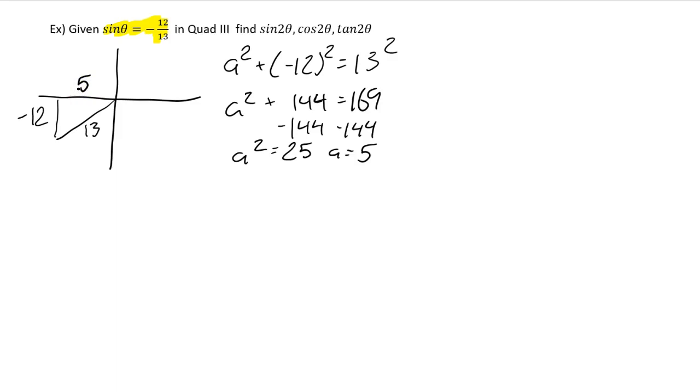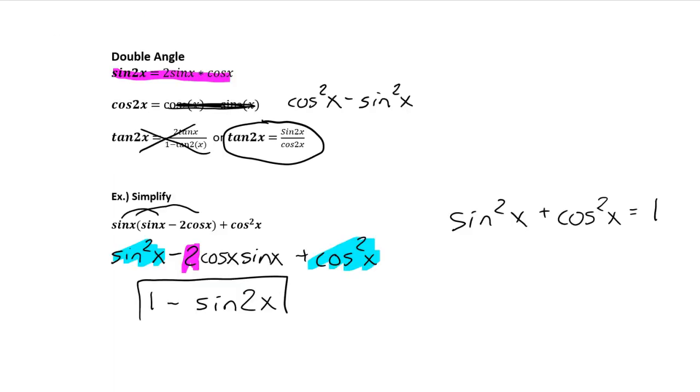So now that we have each of those values, we get to use our double angle identities. Remember, looking back on what we talked about in the last video, we have all of these pieces here, right? So all you're going to have to do is plug into these pieces. Sine double angle is 2 sine x cosine x.